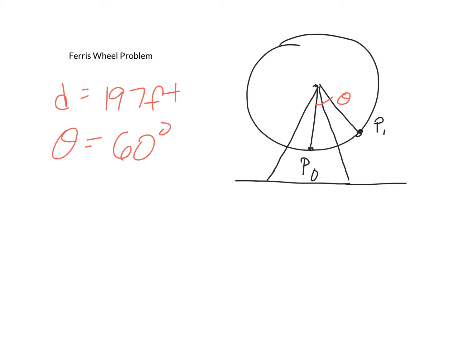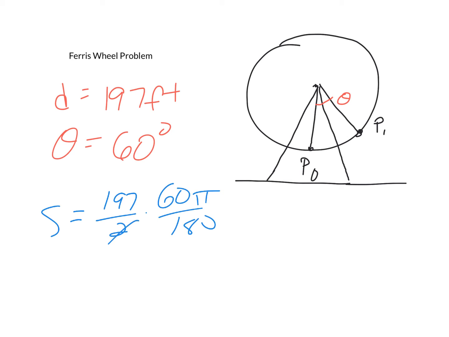When we do arc length, we're in degrees, so it's going to be 60 pi over 180 that we need to include. Diameter, be careful. We need half of it, because diameter is twice the radius. So 197 over 2 times 60 pi over 180 is equal to S. Let's multiply it out.